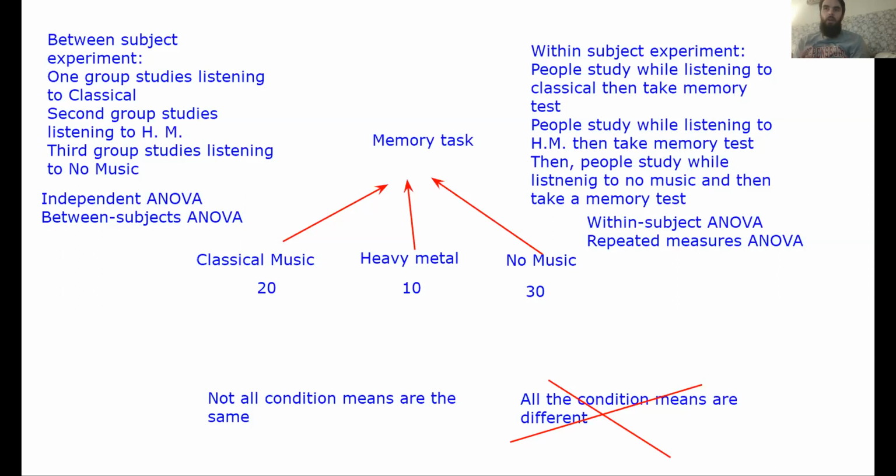Now, I'm sorry that Fisher is a jerk who decided to call this type of variance almost exactly the same name as between subjects experiments. Between group variance is a thing. Between subject experiments is a thing. Between subject, between group, different things. Sorry about that. If I were to reinvent statistics, I would give them different names.